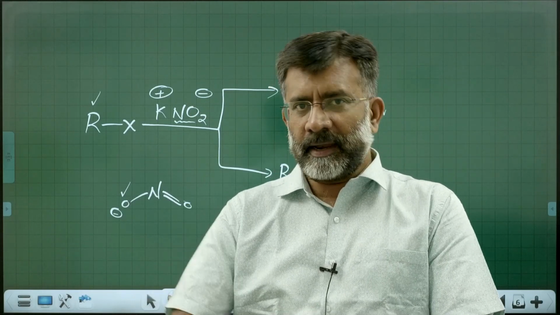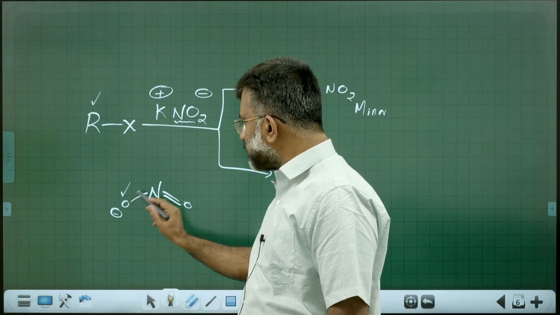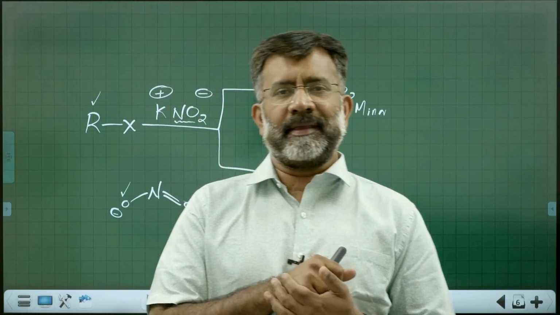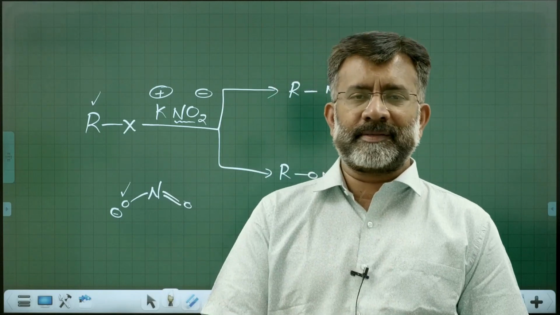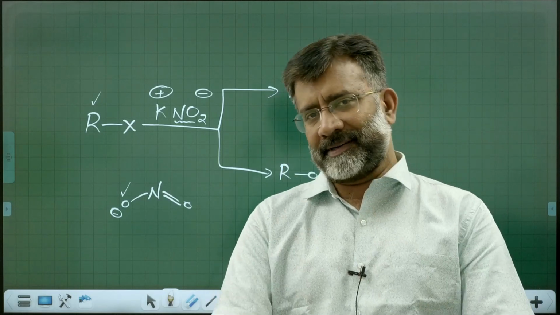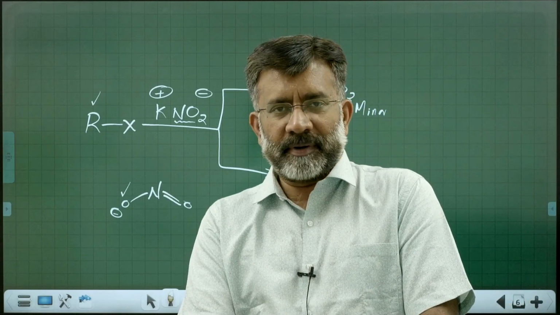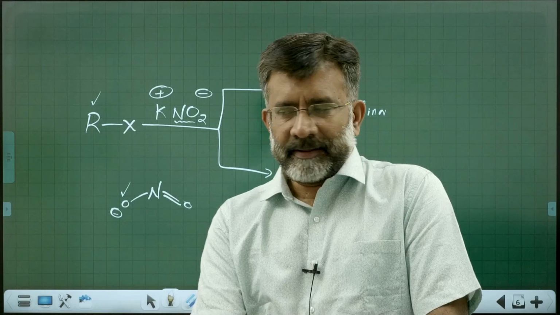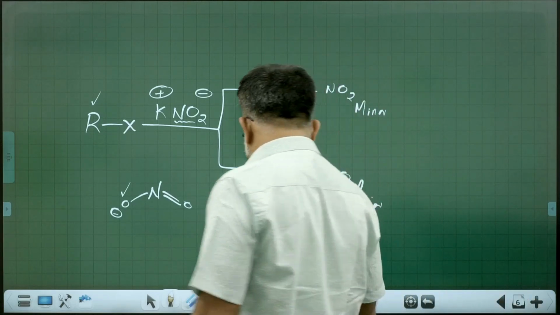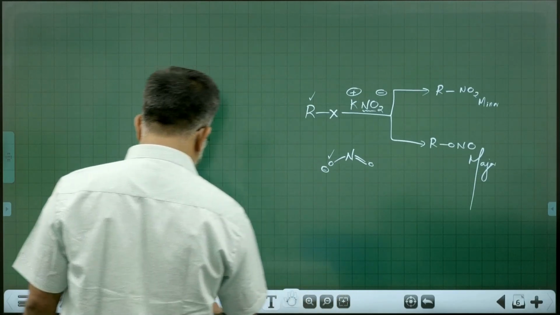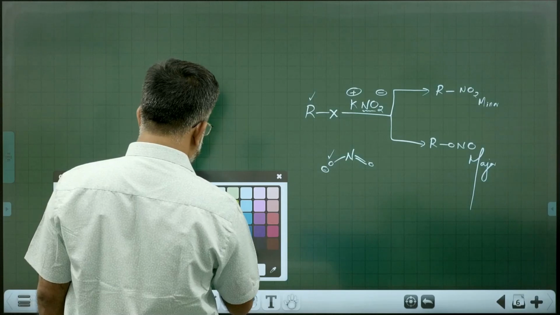Both oxygen and nitrogen can make a bond, but here carbon-oxygen bonding, R-O bonding, is preferred for thermodynamic reasons, the strength of the bond over R-N bonding. Hope it is clear.